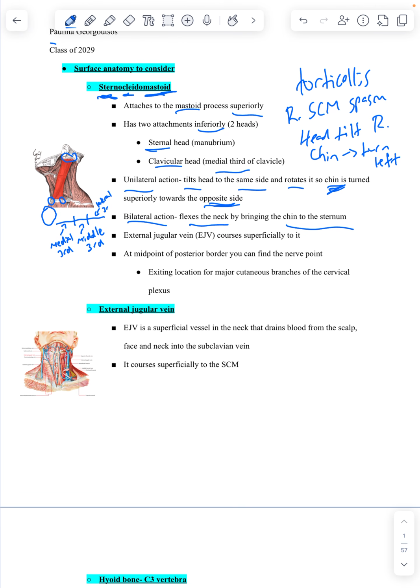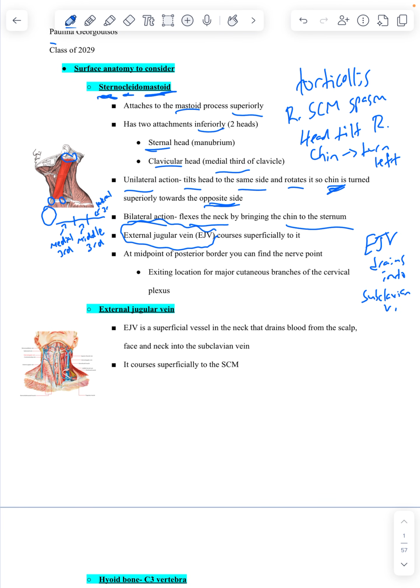Superficially to the sternocleidomastoid, you have this vein called an external jugular vein. We'll see more about that literally right now, but external jugular vein drains into your subclavian vein.